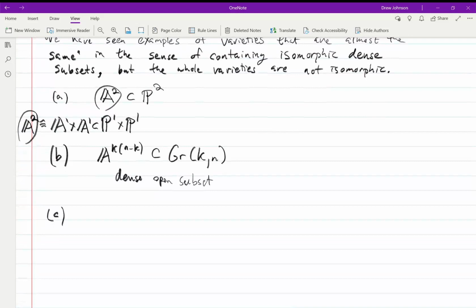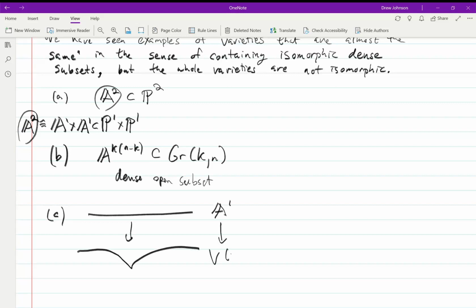Back in chapter 4, we had this thing. Let me just draw the picture, because that's maybe the most memorable part of it. We had A1 mapping to the vanishing locus of x squared minus y cubed. Remember, this is an isomorphism from A1 minus the origin to this vanishing locus minus the origin.